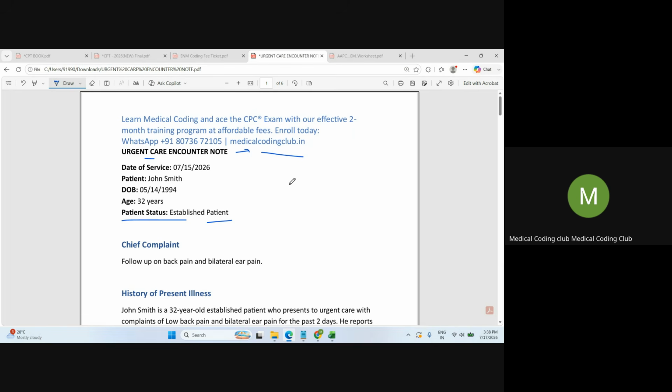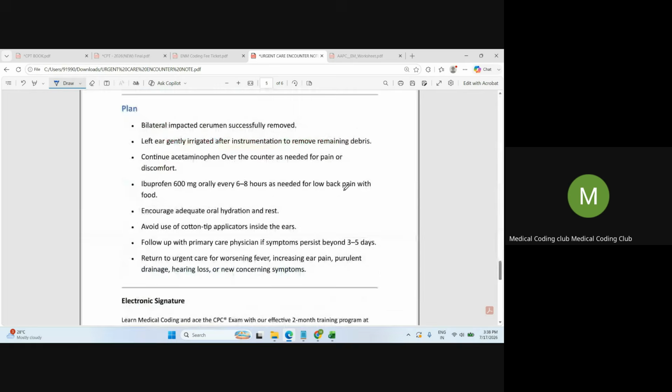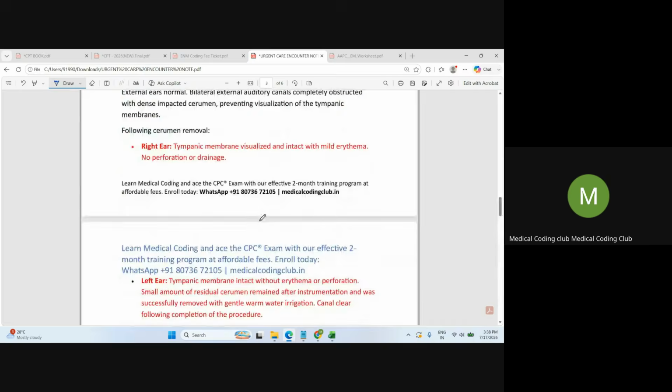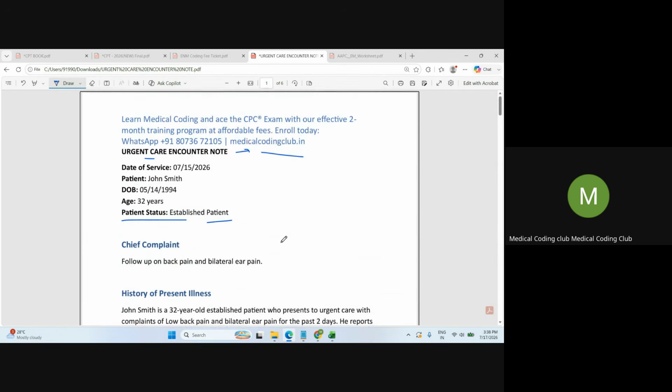Then the second thing you're going to do is check the provider signature in the medical record. The provider signature should be there. If the signature is not there, it will create a compliance issue. Not seeing the signature of the doctor who has rendered the service means he has not given proper authorization, or he has not acknowledged the medical report.